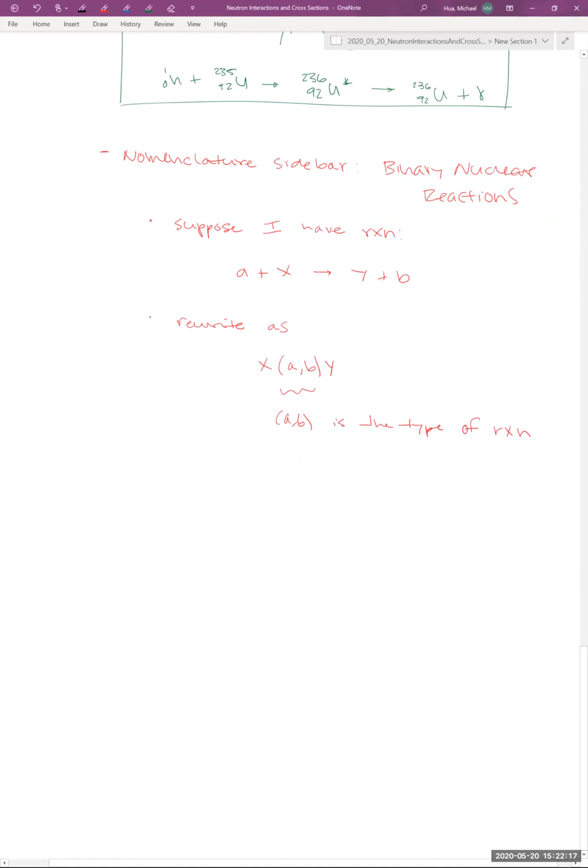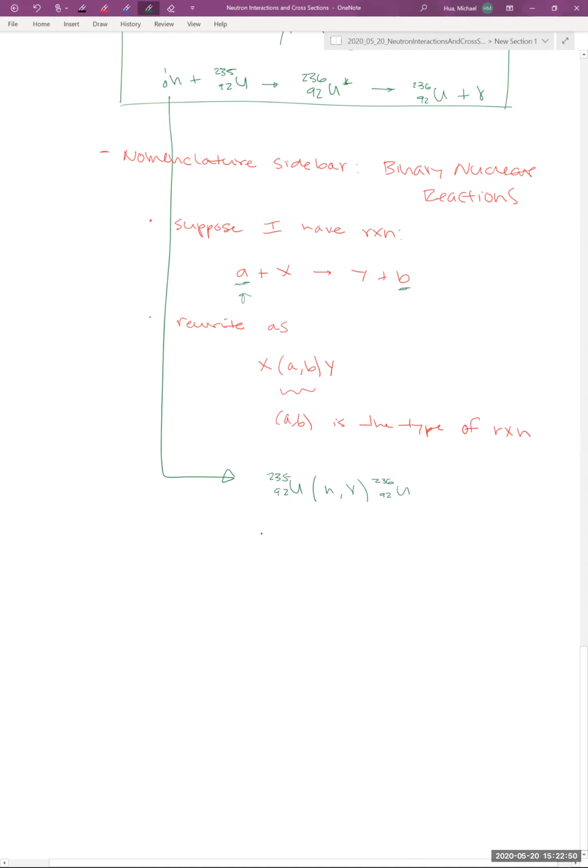So from the example above, we could write this as uranium-235, plus a neutron going in, the particle coming out. So A and B tend to be the projectile, and then X and Y tend to be the larger nuclei. Then we have uranium-236.